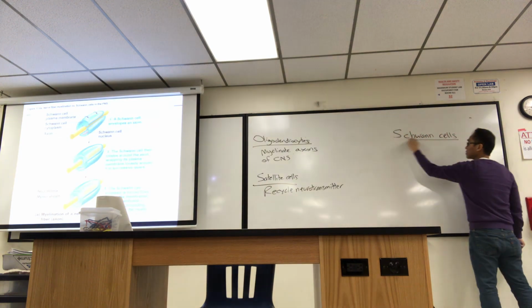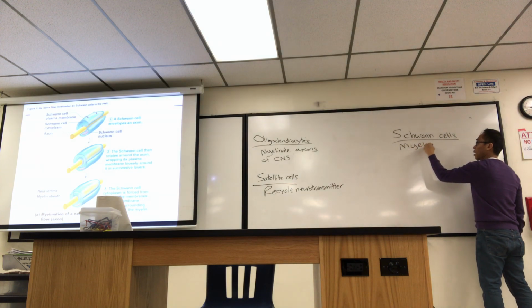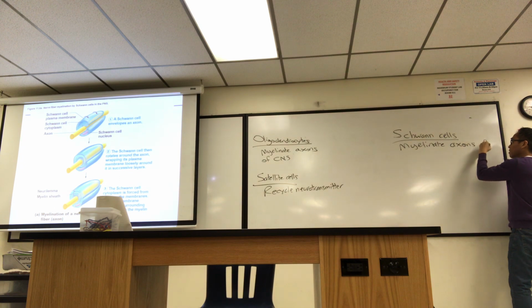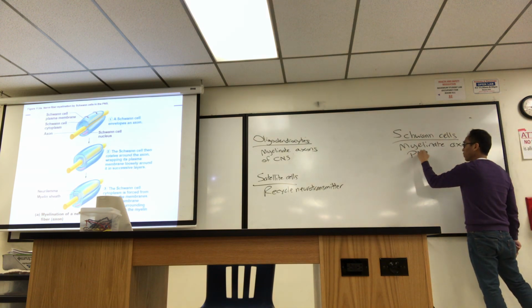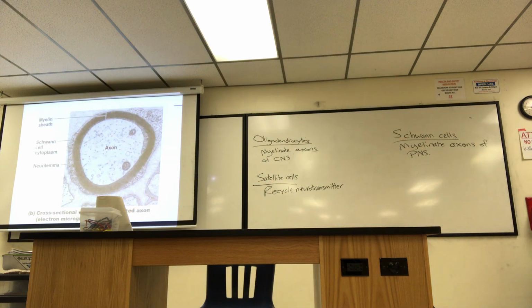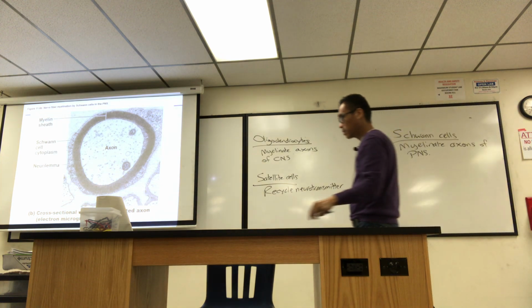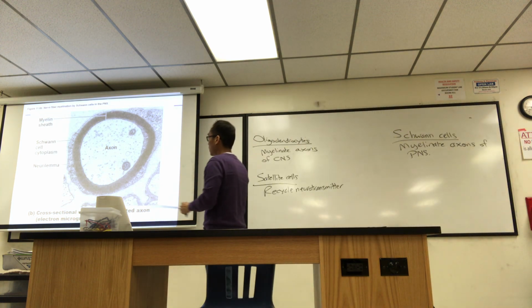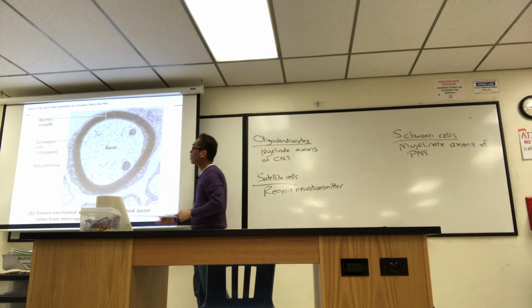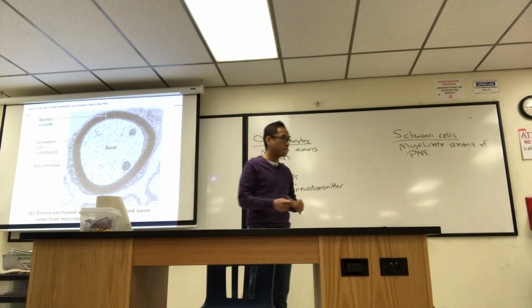So Schwann cells myelinate axons of the peripheral nervous system. Here you can see a myelin sheath around an axon. It has many layers. If you look at the top of the slide, it's labeled. Here's the diameter of the axon, it's a cross section. So all these layers are the Schwann cell wrapped around it.